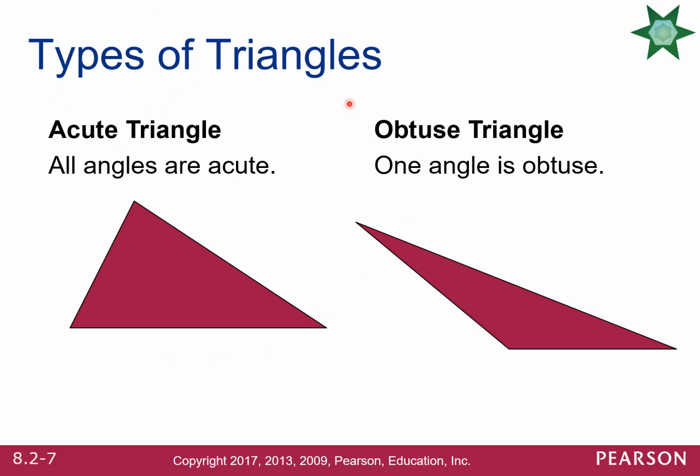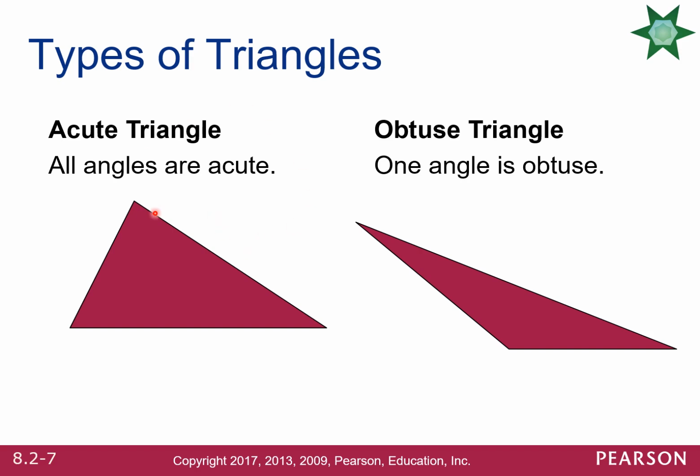There are different types of triangles based on the angles, but two of them are acute triangle and obtuse triangle. Now, we talked about acute angles. Acute angles are angles which are greater than 0 but less than 90 degrees, right?